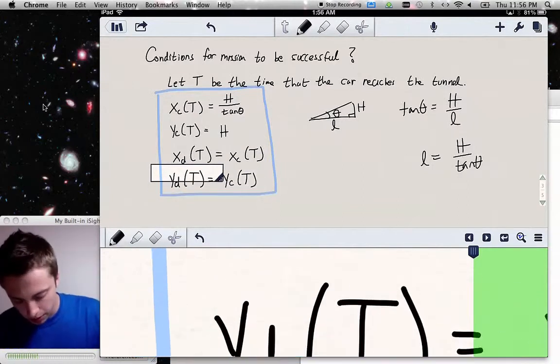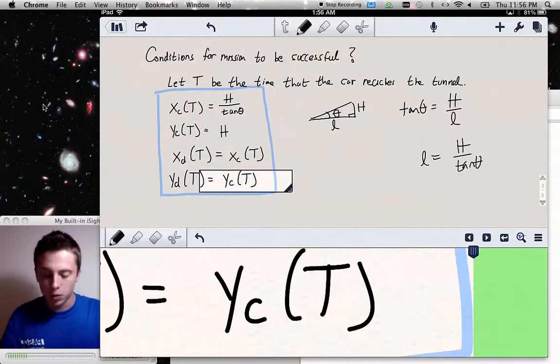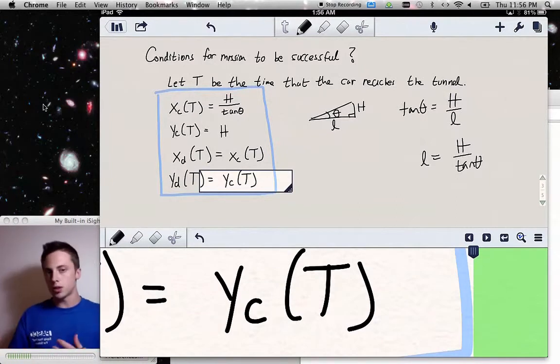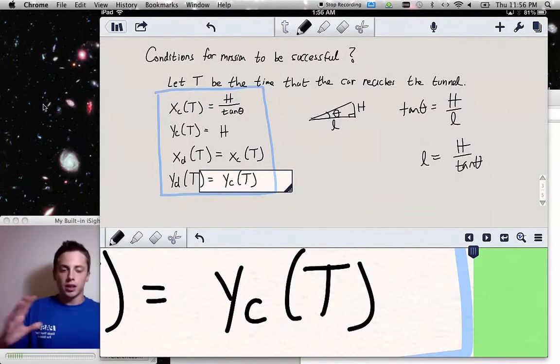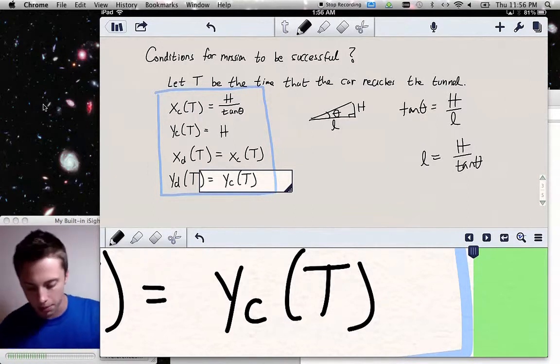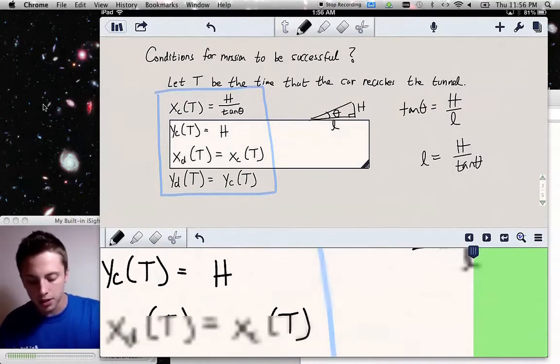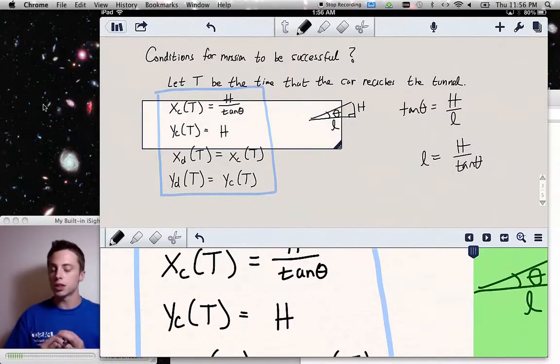And the y-coordinate of the drone must be equal to the y-coordinate of the car, which is the y-coordinate of the tunnel. Therefore, we have the drone and the car meeting at the entrance of the tunnel at the same time, capital T. And these are the conditions which must be true for the mission to be successful.